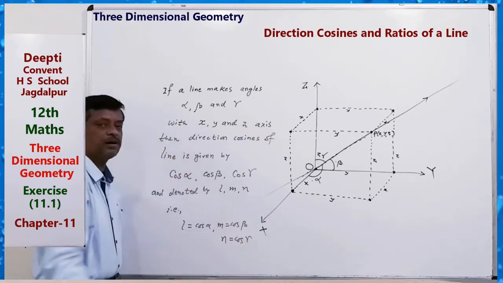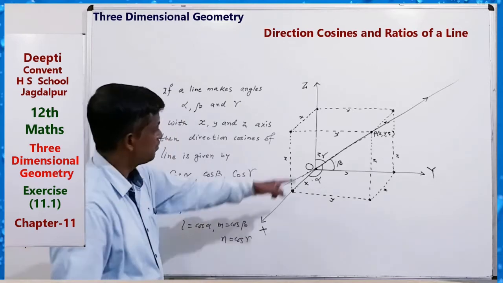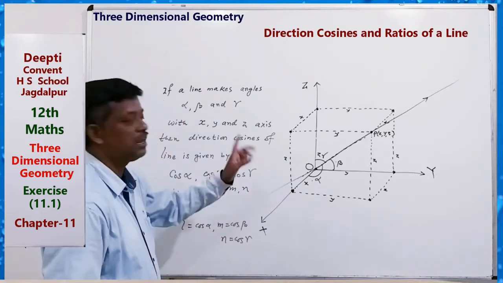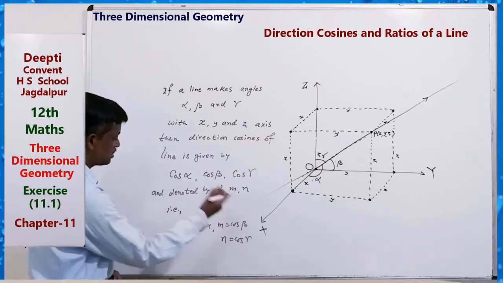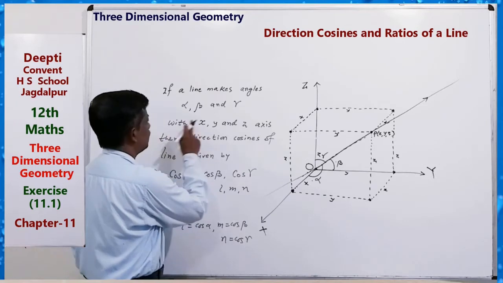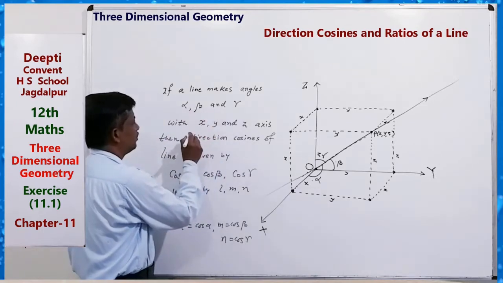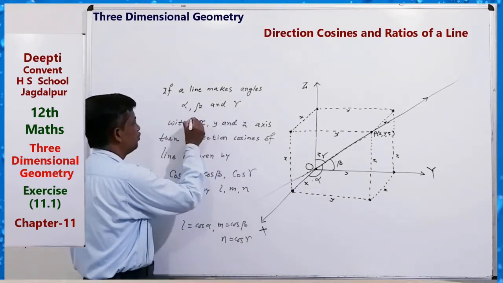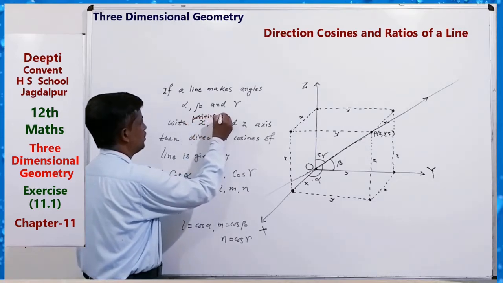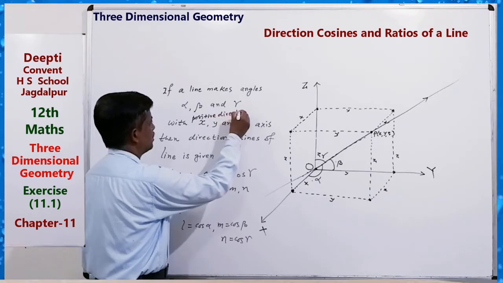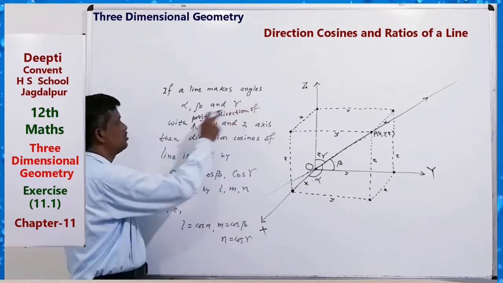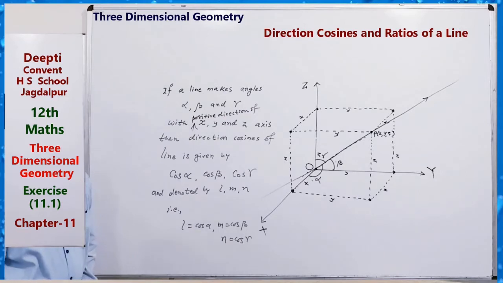While alpha, beta, gamma are what? Angles made by the line with the x-axis, y-axis and z-axis. So these are the angles with the positive direction of the x, y and z axis.